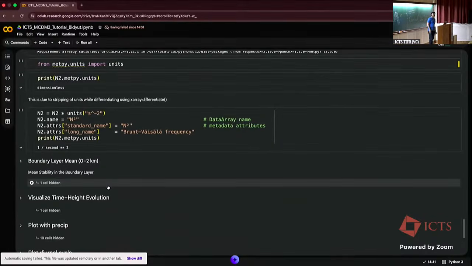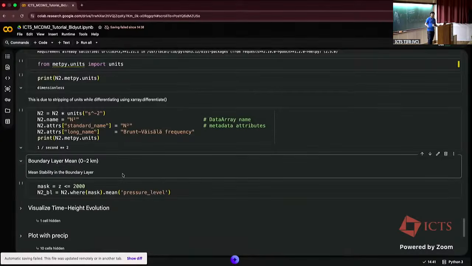I just wanted to plot my boundary layer Brunt-Vaisala frequency. So I took n square and just computed its average below 2,000 meters.